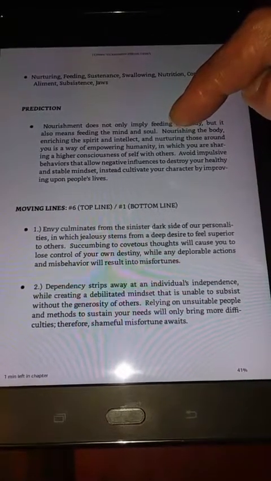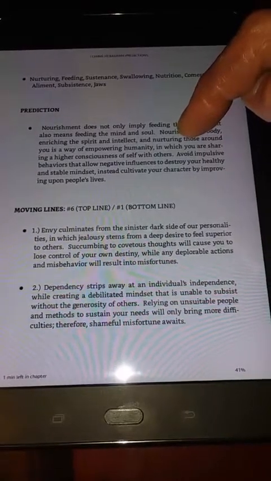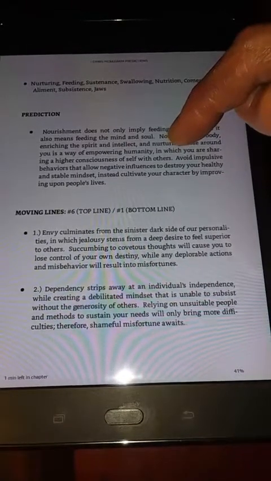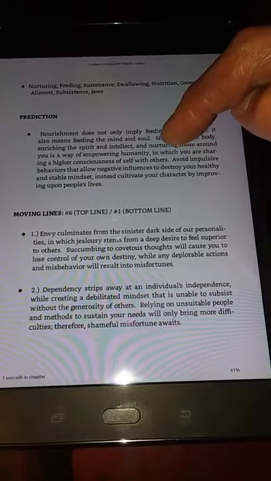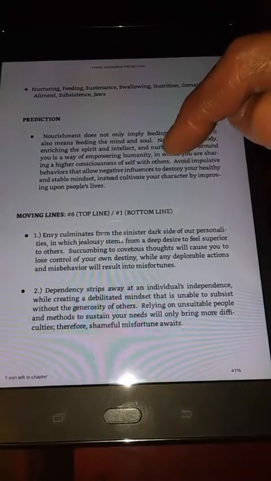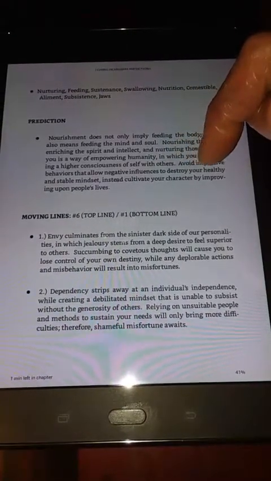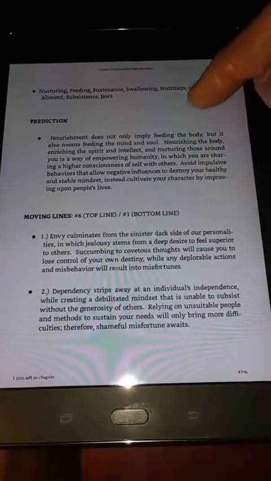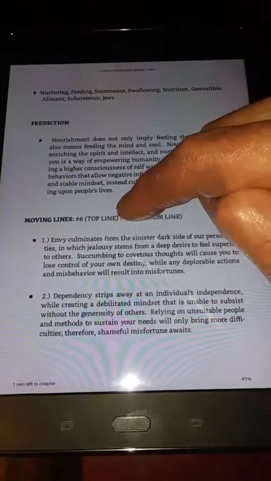Nourishing the body, enriching the spirit and intellect, and nurturing those around you is a way of empowering humanity, in which you are sharing a higher consciousness of self with others. Avoid impulsive behaviors that allow negative influences to destroy your healthy and stable mindset. Instead, cultivate your character by improving upon people's lives. Okay, so that's our prediction.